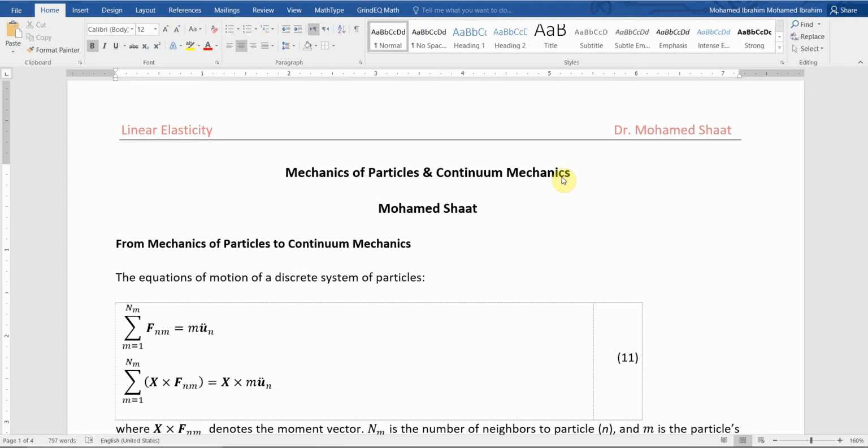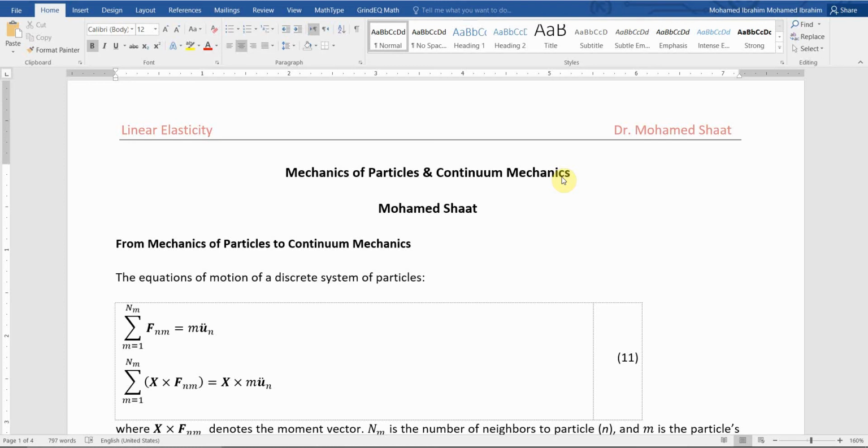Like the previous meeting, we already discussed the theory of classical mechanics, and this is the main theory that we're going to consider through this course. Classical mechanics assumes that the material is homogeneous. Also, it assumes that the material is a composition of an infinite number of particles, and each one of these particles is represented as a point.